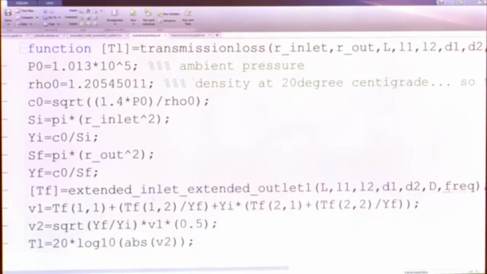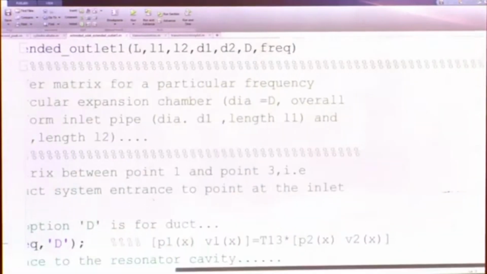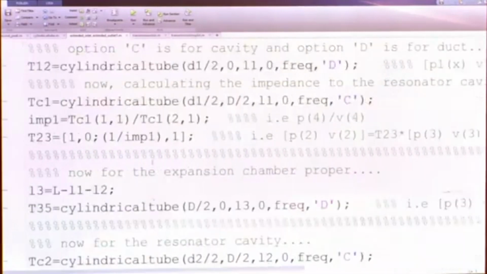So, I will quit this part and directly move on to the function that computes the transfer matrix. As usual, we have the length of the chamber, extensions at the inlet, outlet, diameters of the inlet outlet pipe, which is equal to R underscore inlet and R underscore outlet respectively. Frequency is a given frequency at which the transfer matrix parameters have to be evaluated.